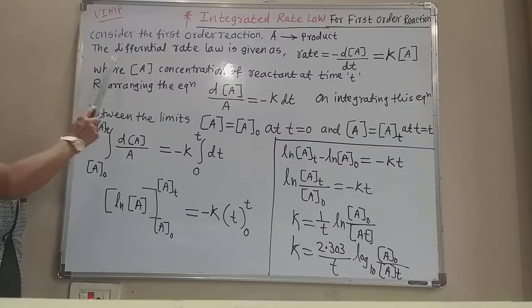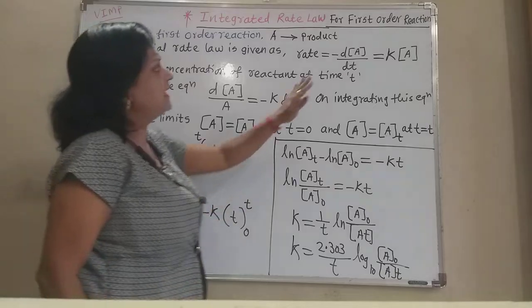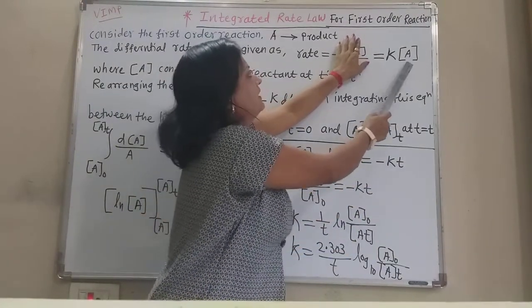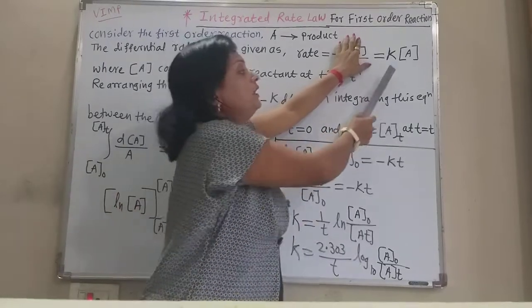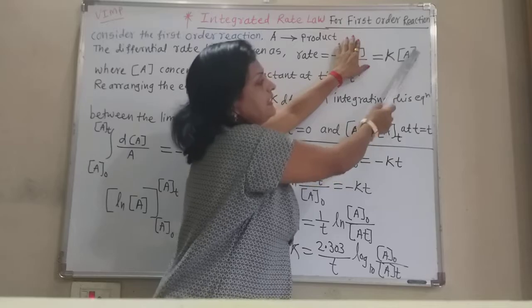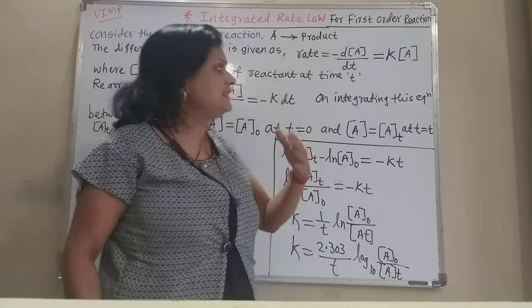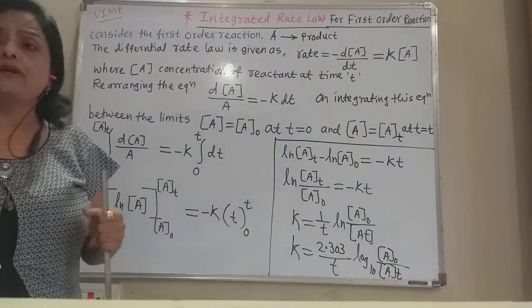Now the differential rate law, we know how it is given: rate is equal to K into concentration of A. As it is the first order reaction, here only A is raised to 1, but 1 is not shown. And we already saw that the rate is given in the language of reactants.